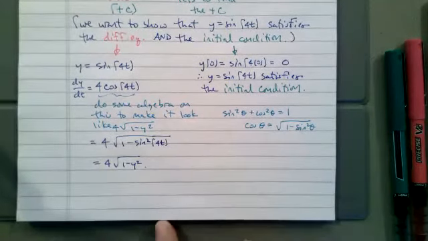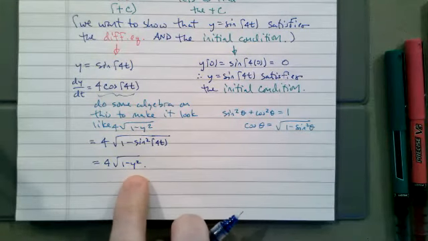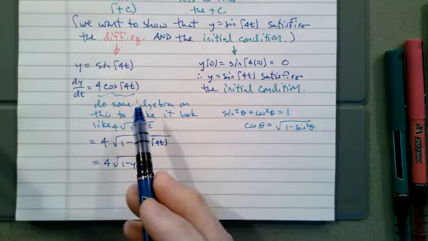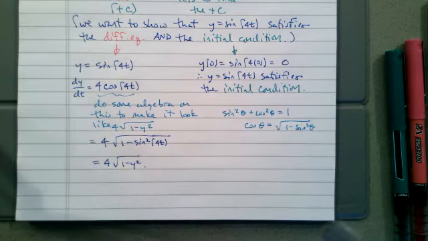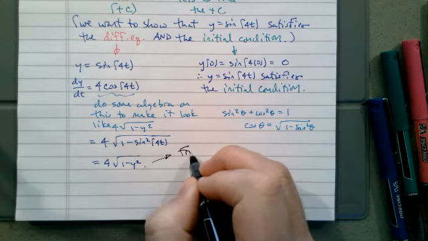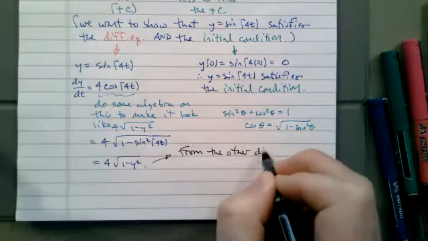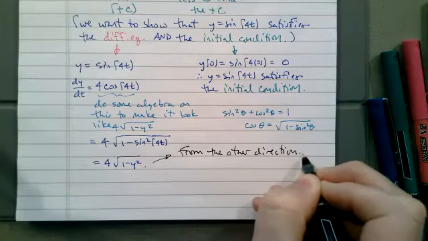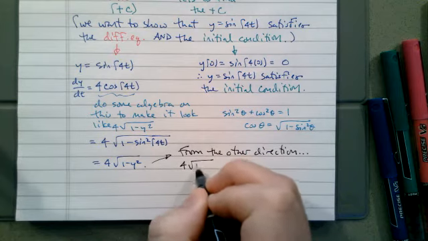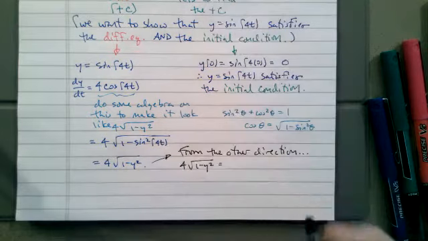We can also approach this from the other side by looking at the expression 4 times the square root of 1 minus y squared and showing that that's equal to 4 cosine of 4t, which is equal to dy/dt. If we come at this from the other direction, we write 4 times the square root of 1 minus y squared and replace y with our proposed solution, sine of 4t.